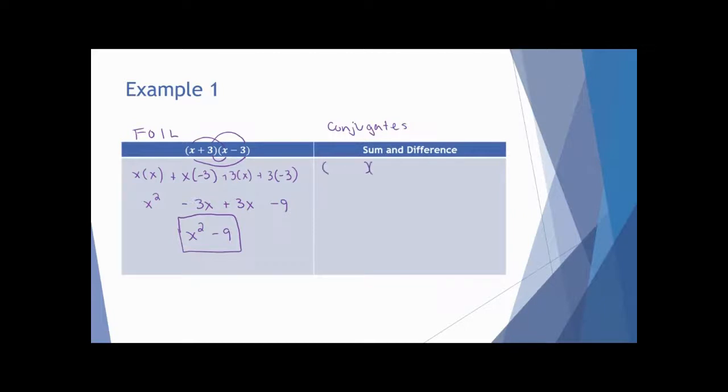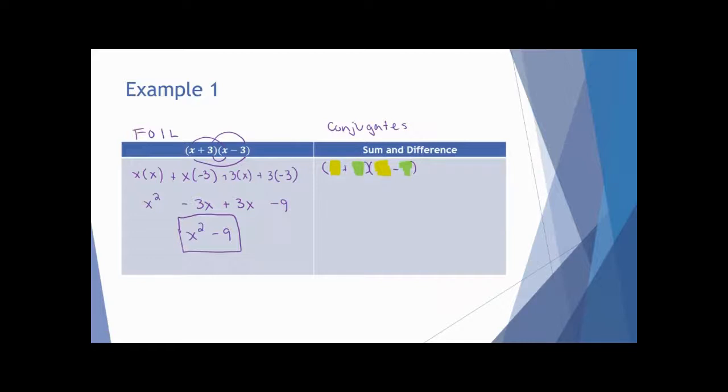So I'm going to use highlights to represent these. The first term is the same in each set of parentheses, so I'm highlighting that with yellow. And then the last term is the same, but the difference is that they're the opposite in sign, so that's your form. And that's called the sum and difference because one of them is a sum, is adding, the other one is a difference, you're subtracting.